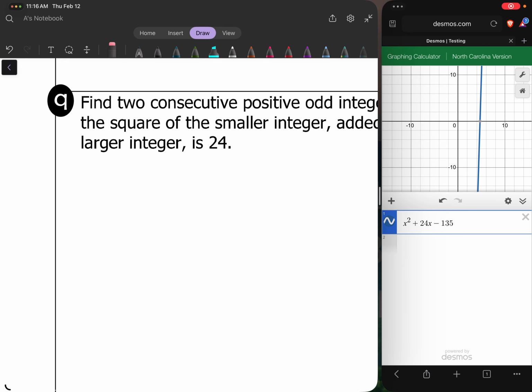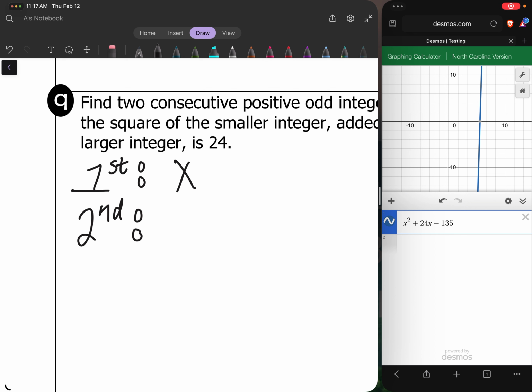All right, so I have two integers. I'm going to call this one my first and second. These integers are odd. I don't know what the integer is, so I'm going to label it x. Now let's make up an odd number. 13 is my favorite number. Let's use 13.